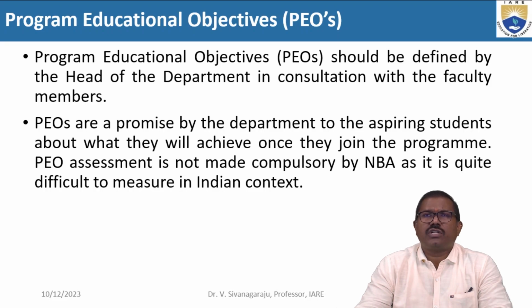Program educational objectives should be defined by the head of the department in consultation with the faculty members. PEOs are promised by the department to the aspiring students about what they will achieve once they join the program. PEO assessment is not made compulsory by NBA as it is quite difficult to measure in the Indian context.